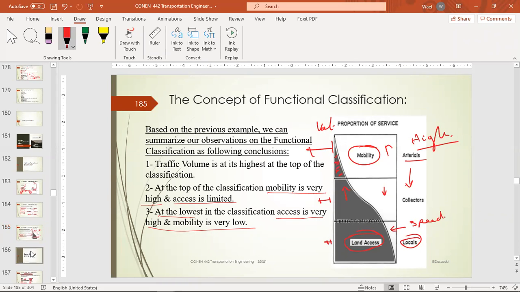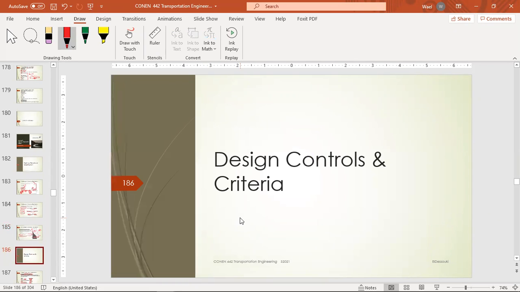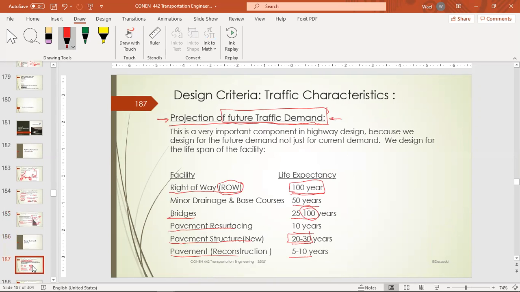Okay, design control and criteria. Before we start designing a highway, we need to understand what the control criteria for the design are. For the design criteria for a highway facility, we have first of all the projection of future traffic demand, which depends on the facility.